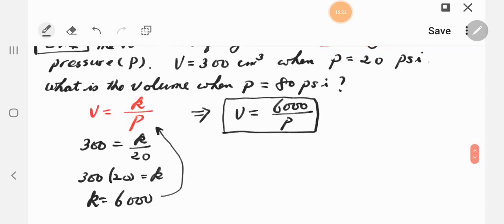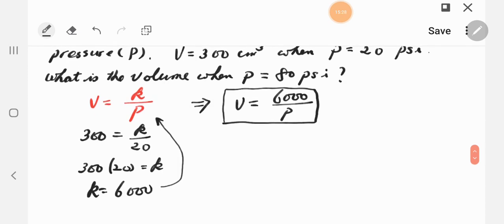Now we want to find the volume V when the pressure is 80 psi. P is given, so we'll replace P with 80. Then V will be 6,000 divided by 80.